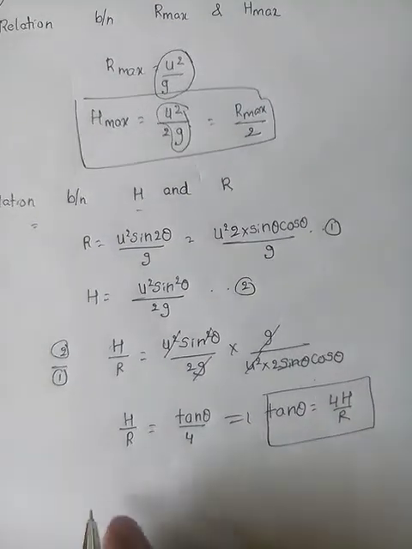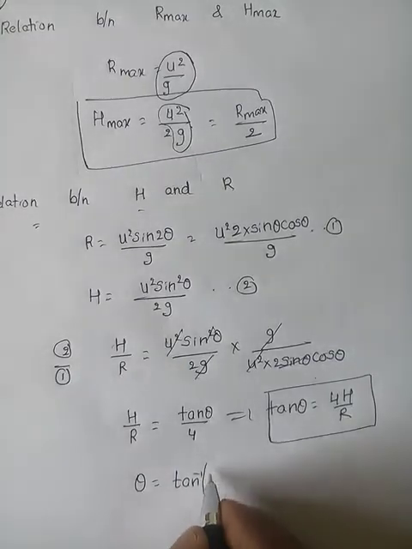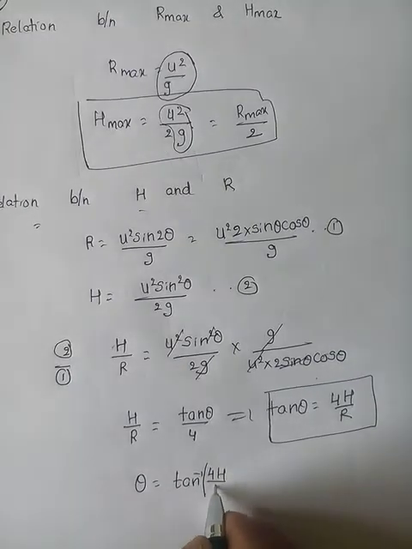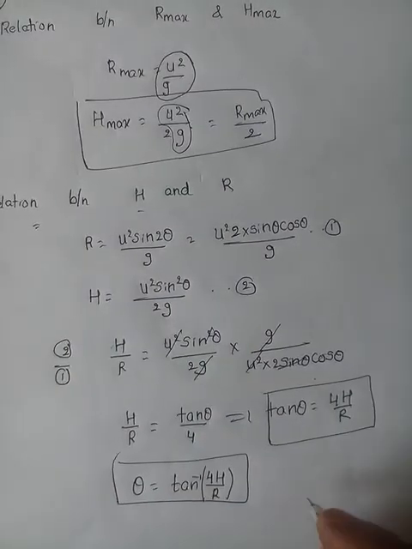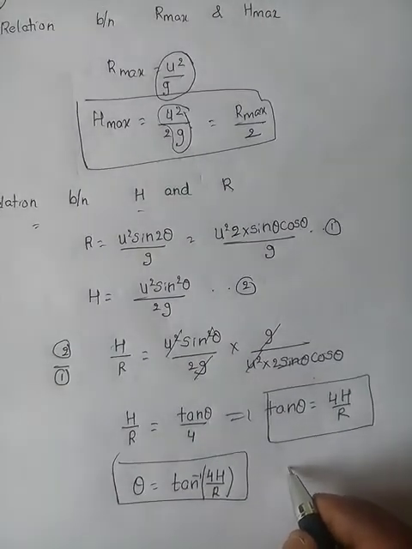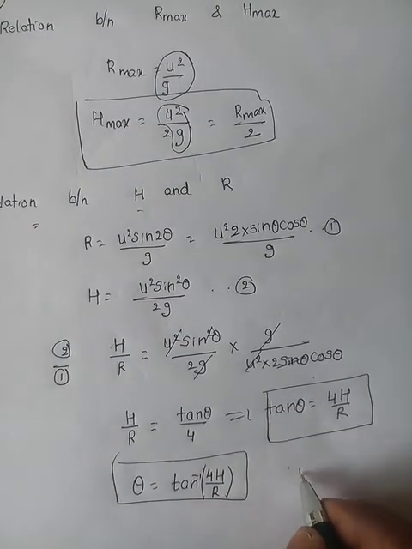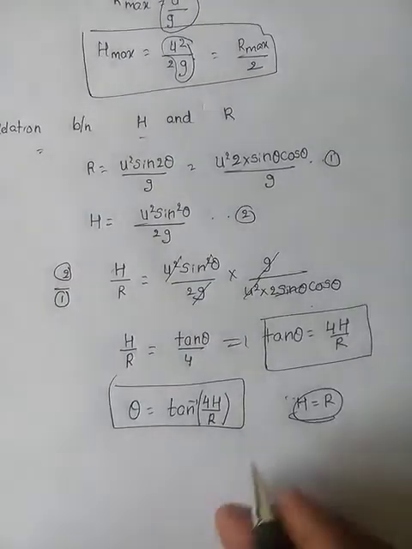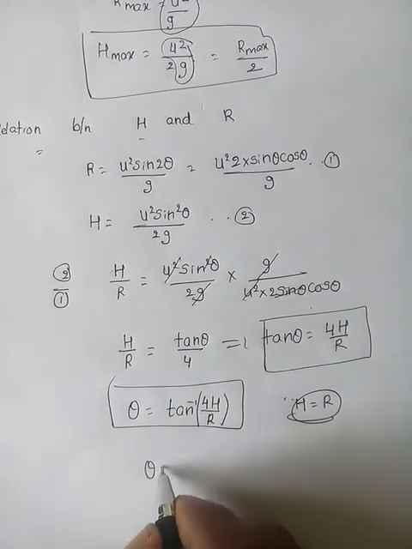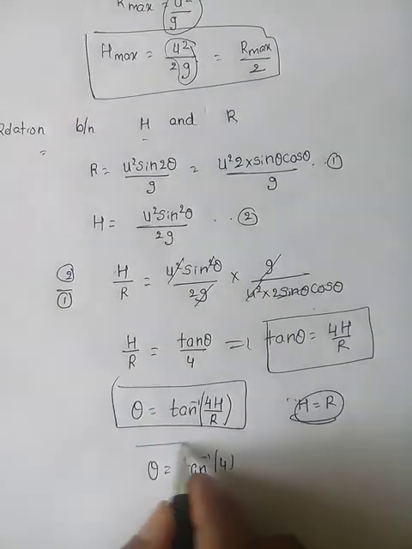So this is the relation: theta is equal to tan inverse of 4H by R. So we can find that if height and range should be the same, just assuming H is equal to R, then theta is equal to tan inverse of 4.